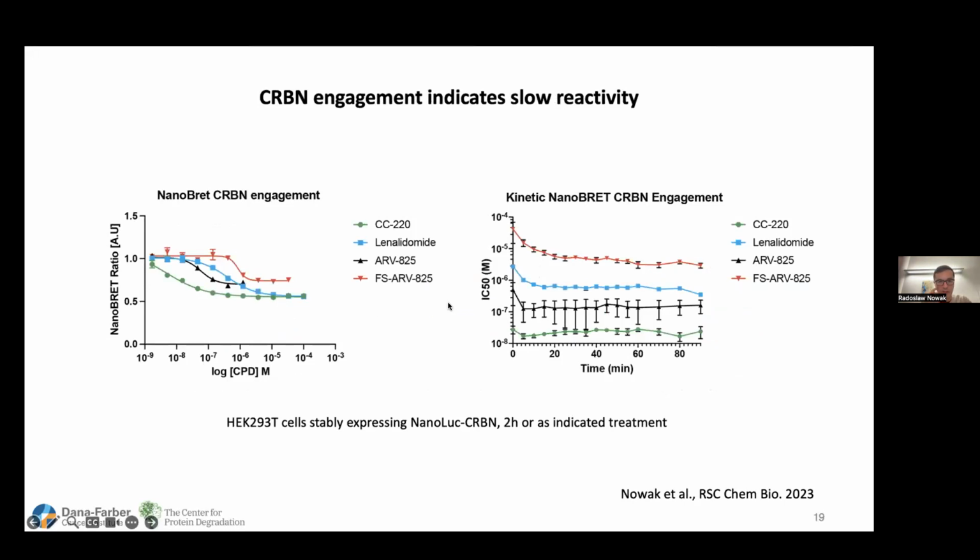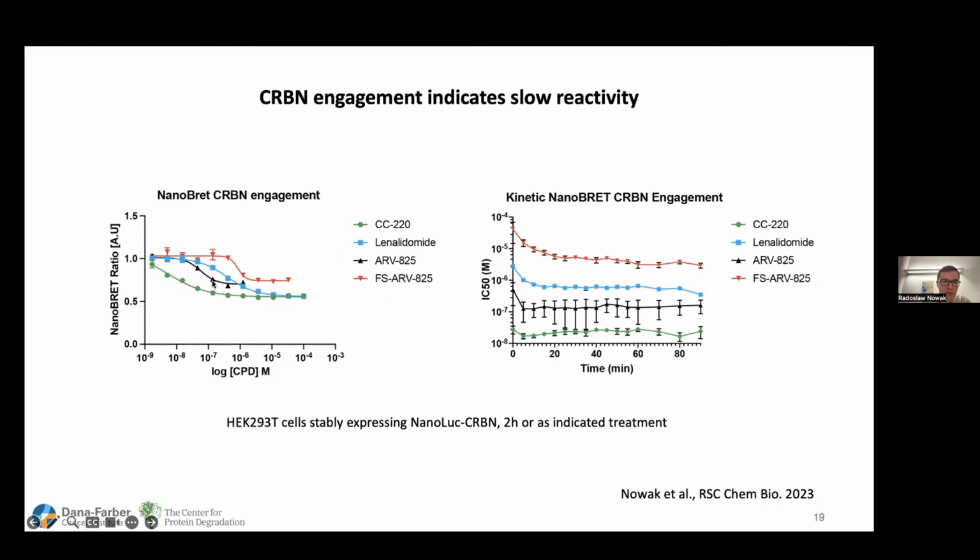The other way of looking at the activity of these molecules is through cereblon engagement. The one thing that is quite interesting is that this fluorosulfate molecule happens to have a much weaker cereblon engagement than the parental molecule ARV-825.